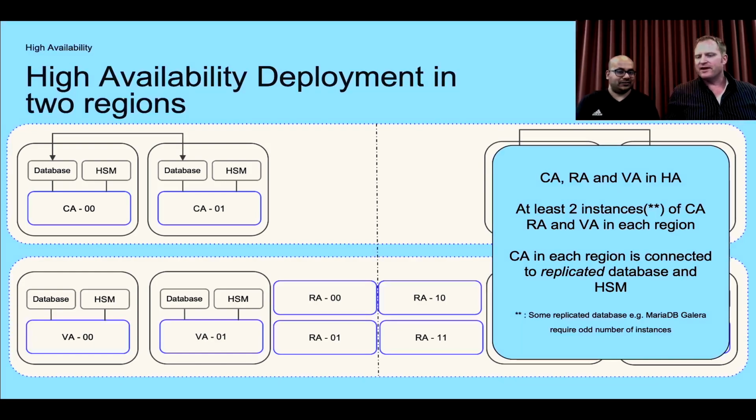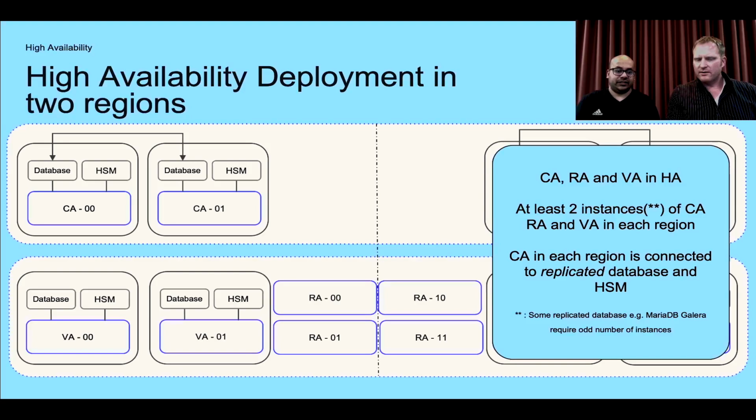So what's involved now, how many instances do I need? At least two instances, and for the CA you need a replicated database and also an HSM in a clustered setup, or a replicated HSM.